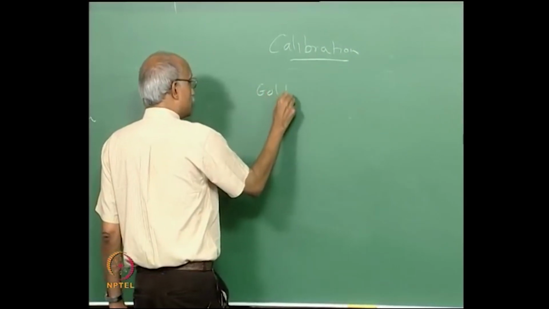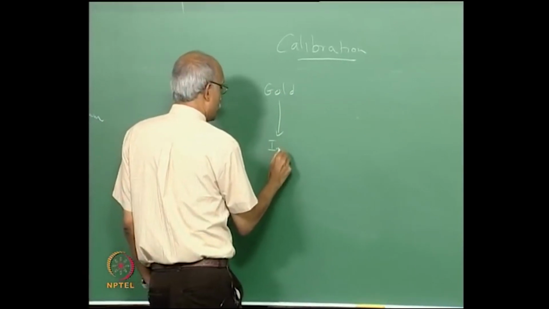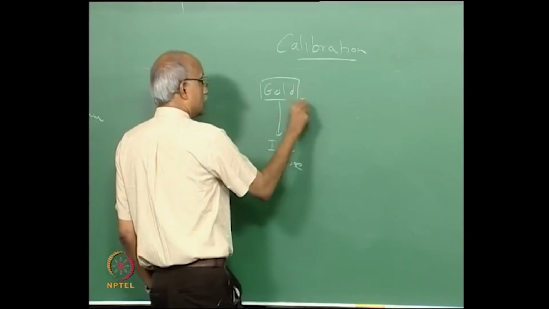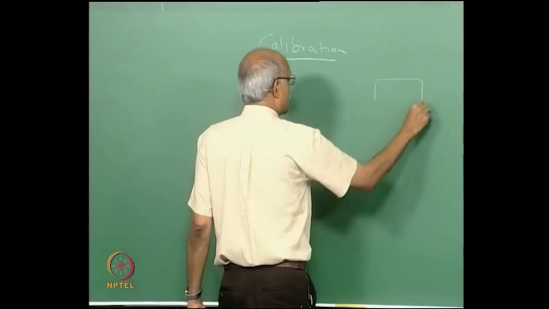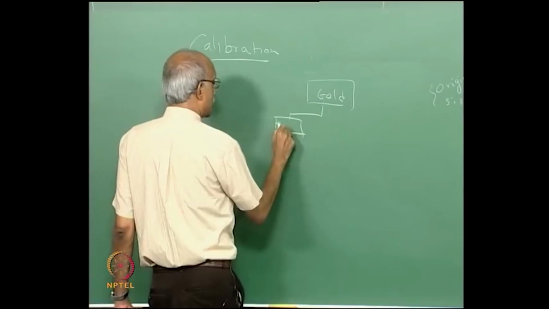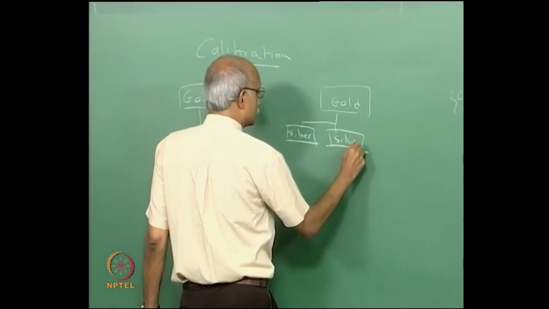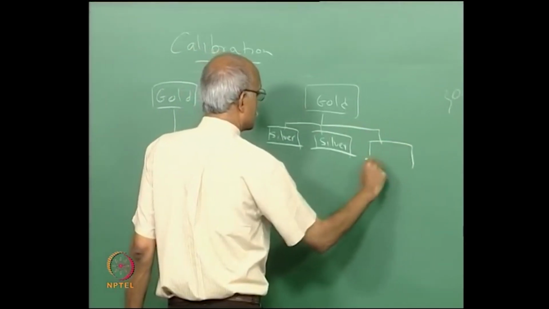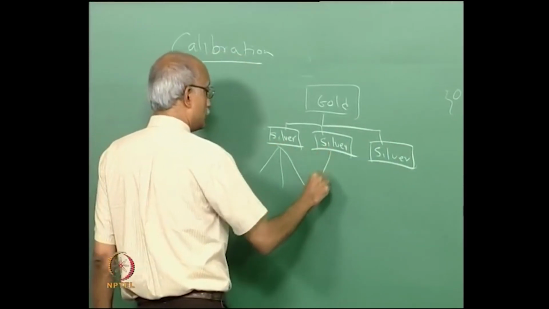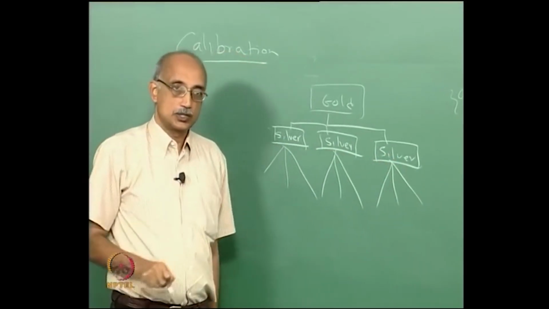You can either use a gold standard to calibrate your instrument in use, or the alternative approach is to use a gold standard to calibrate several silver standards, which can then be used to calibrate the individual instruments used in various labs.